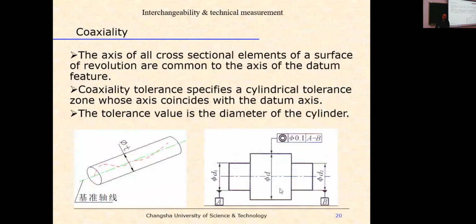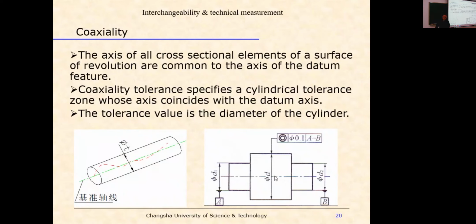So symmetric and also coincident. Is it symmetric or coaxiality? Even though it's coaxiality, it's also symmetric.